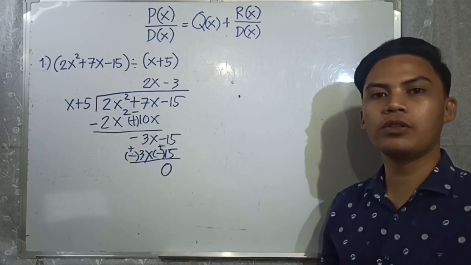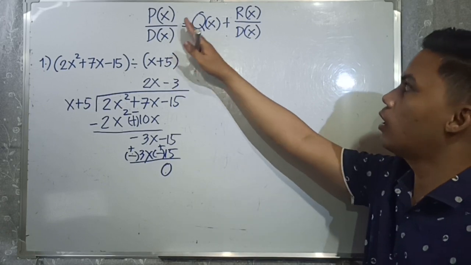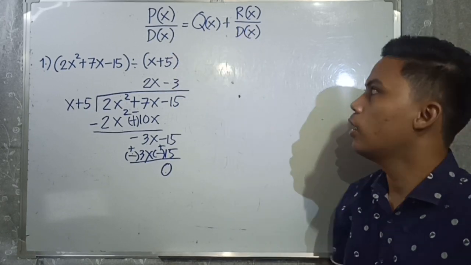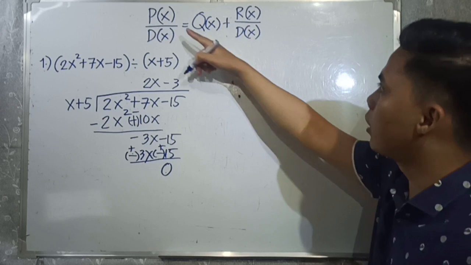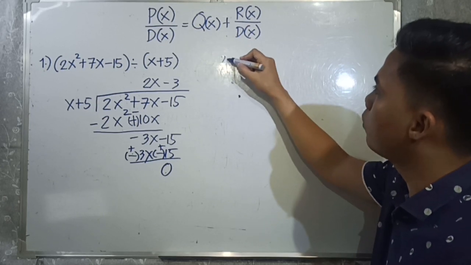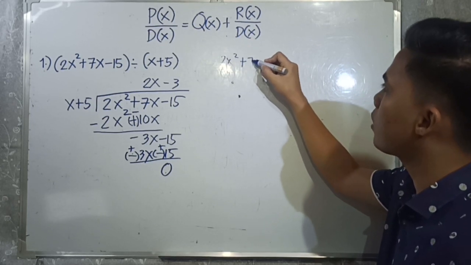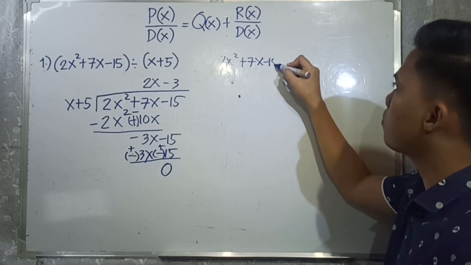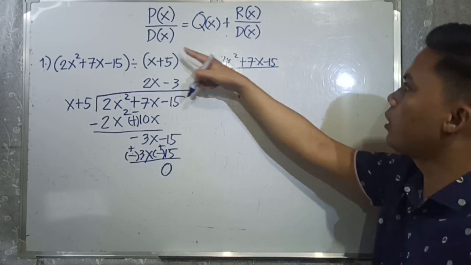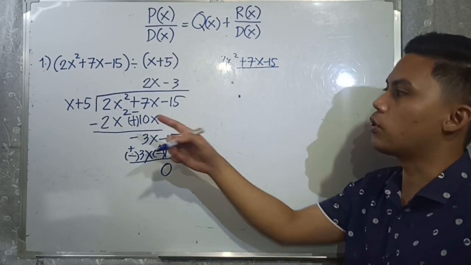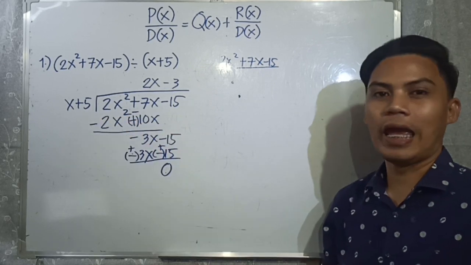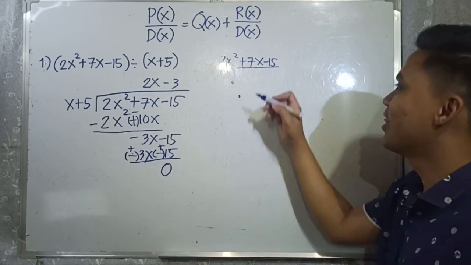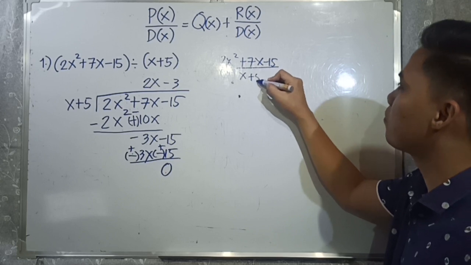Now, if we're going to follow the notation, pwede natin siyang isulat ng gaya nito. Okay? So, uunahin muna natin yung dividend. We have 2x squared plus 7x minus 15 divided by d of x, our divisor. So, yung divisor natin would be x plus 5.